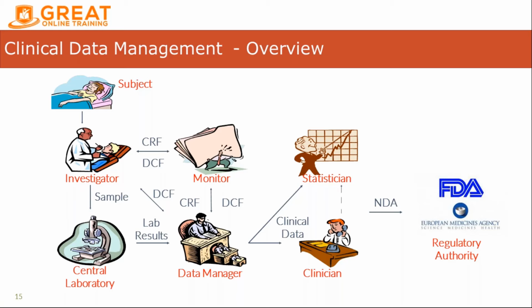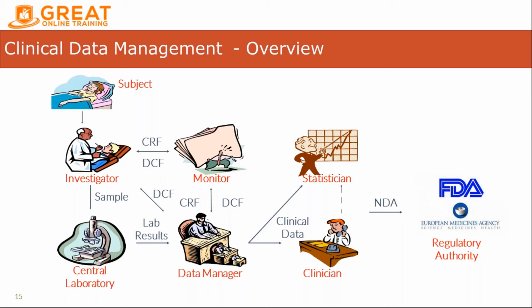So the data collected is recorded on the CRF and the lab samples are sent to the laboratory for assessment. So here you can see CRF and DCF. DCF is nothing but data clarification form. In case of paper studies, data clarification forms are nothing but the clarifications which the clinical data manager requires from the site.